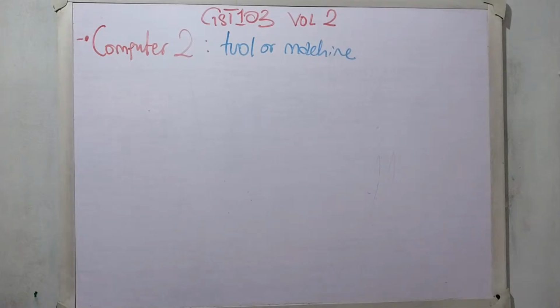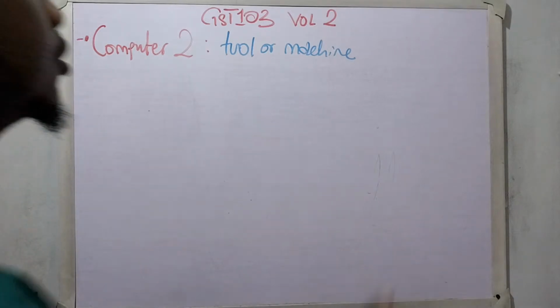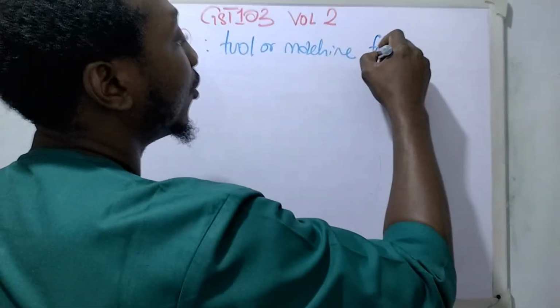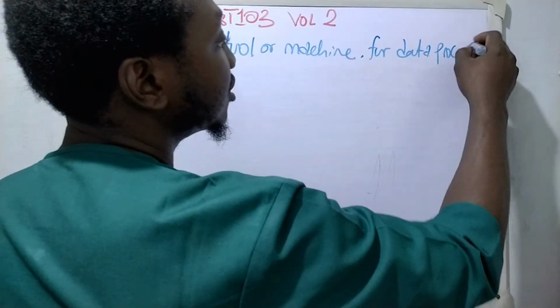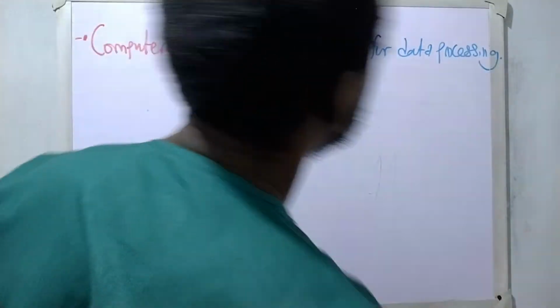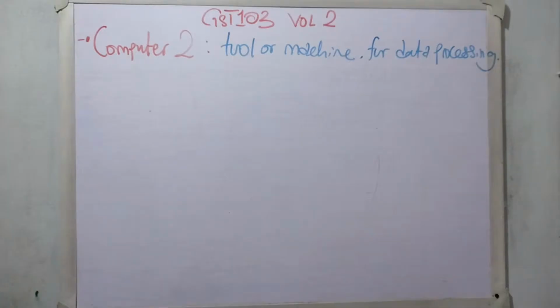And this machine does something so well, which is to process data, for data processing. Now, underline data.